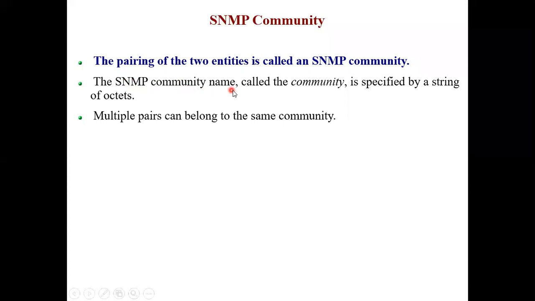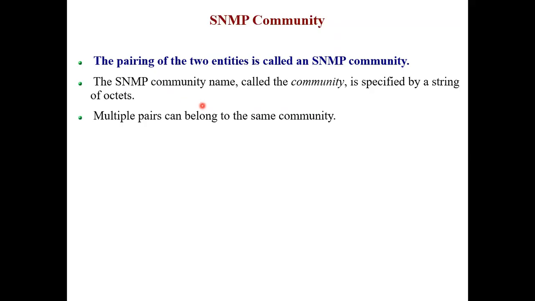The SNMP community name is called by the word community only. It is specified by a string of octets. Remember, when we talk about anything, finally I have to write an ASN.1 coding to share that information, and I have to encode it using TLV encoding.